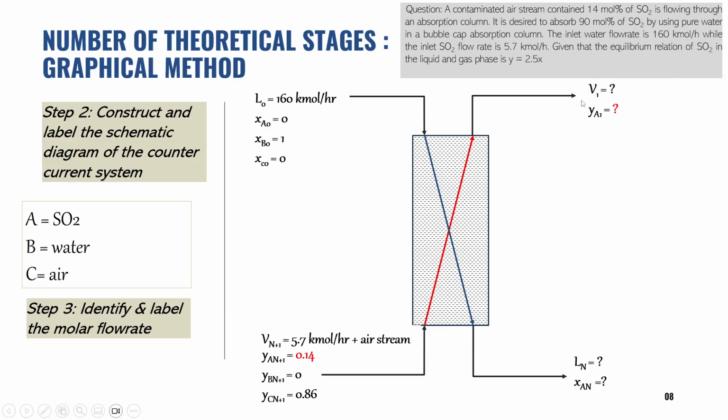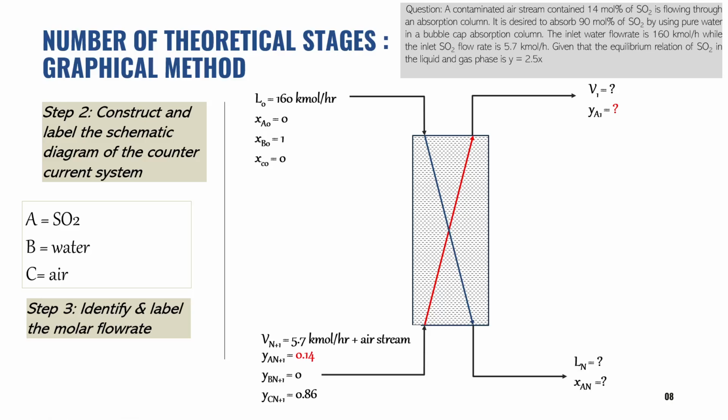V1, the flow rate of gas, which is the total flow rate leaving the system, is still unknown, and the mole fraction of SO2 in the gas stream leaving the system is still unknown. Same goes for the liquid flow rate.